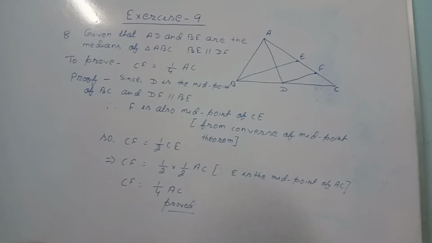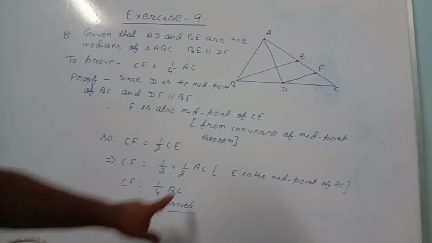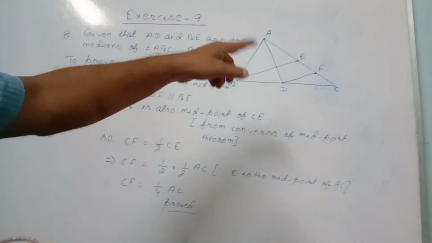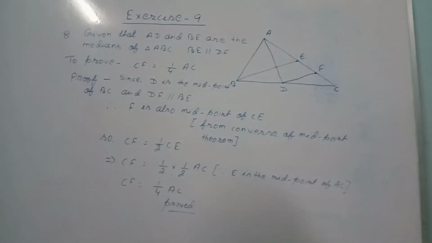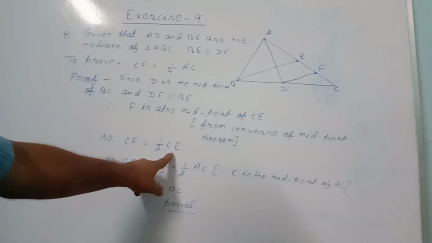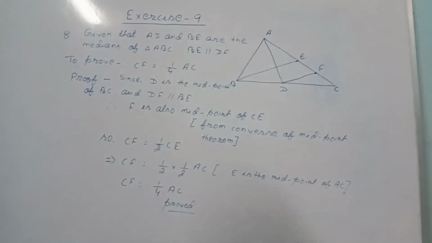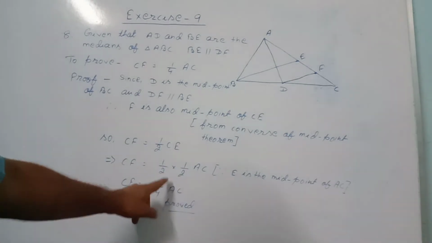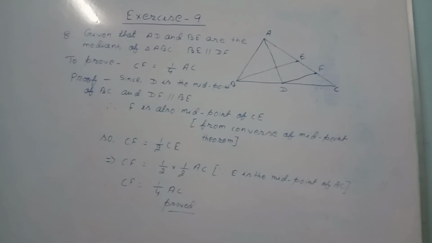And if F is the midpoint of CE, then CF equal to 1 by 2 CE. And CE is 1 by 2 of AC, because E is the midpoint. So CE will be 1 by 2 AC. For that I wrote this 1 by 2 is carried from here, and for CE I have written 1 by 2 AC. So CF equal to 1 by 4 AC, proved.